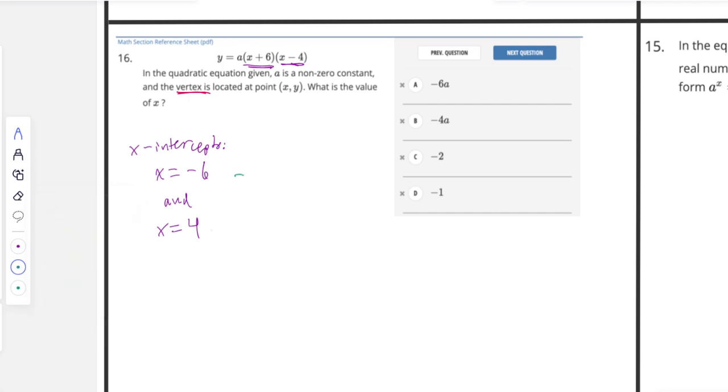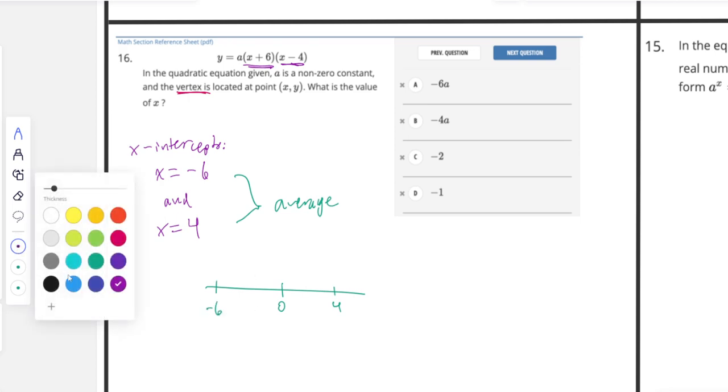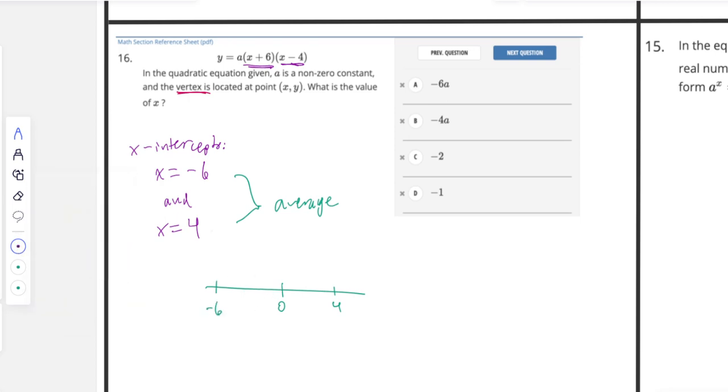So if we take an average of those two, then the middle point between, this is 0, here is 4, here's negative 6. The middle point between negative 6 and 4 is going to be negative 1. So the parabola might look something like this.